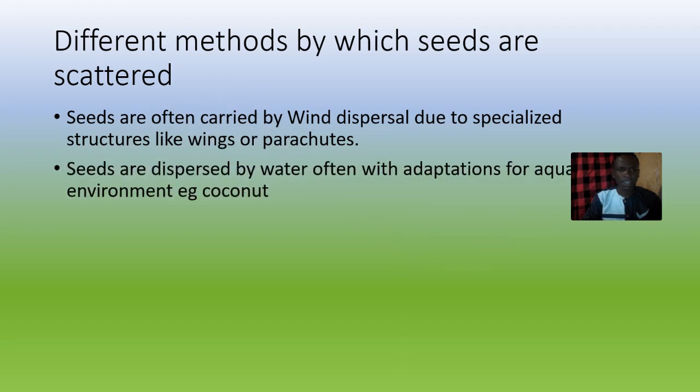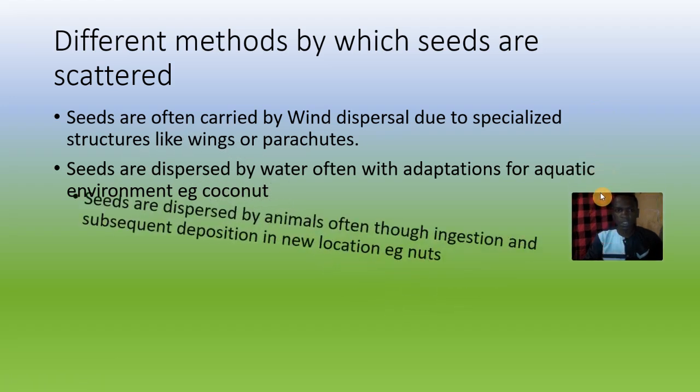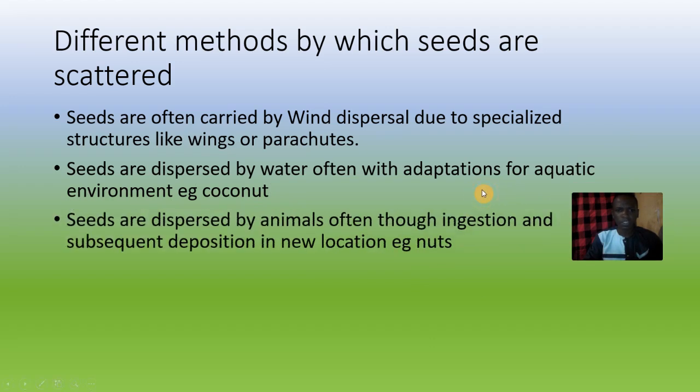Then seeds are dispersed by water, often with adaptations for aquatic environments, e.g. coconut. Then seeds are dispersed by animals, often through ingestion and the subsequent deposition in new locations, e.g. nuts.